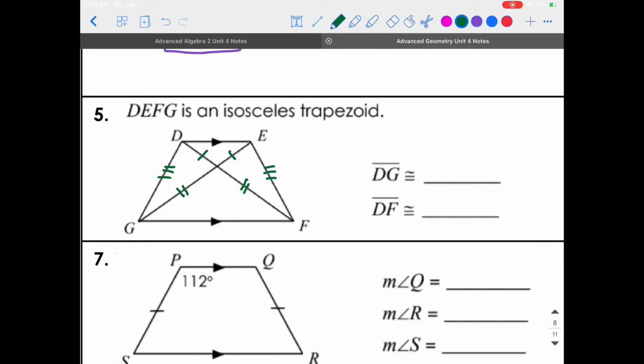When you see the congruent symbol, that's really asking which side is the same. So segment DG is congruent to segment EF, and segment DF is congruent to segment EG.